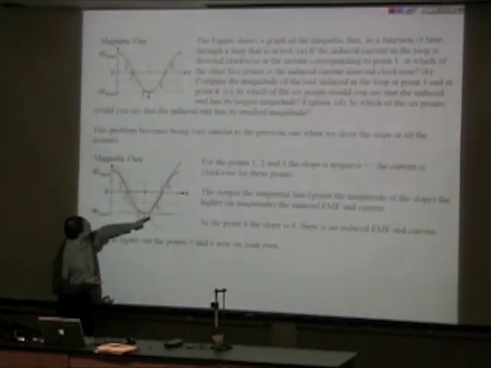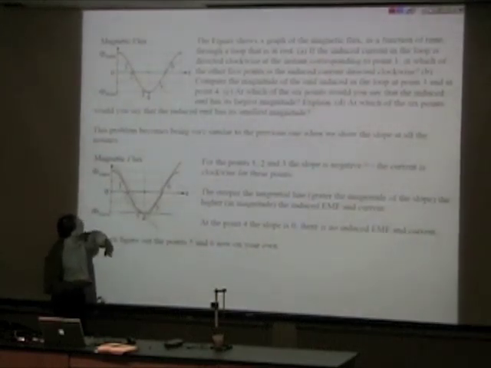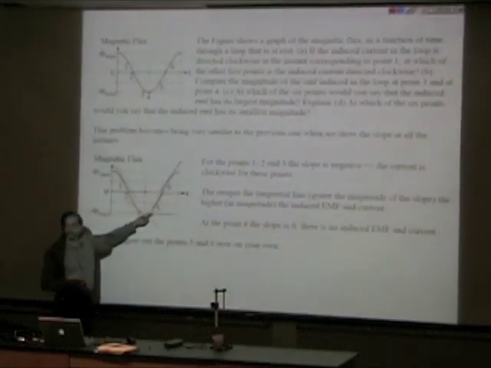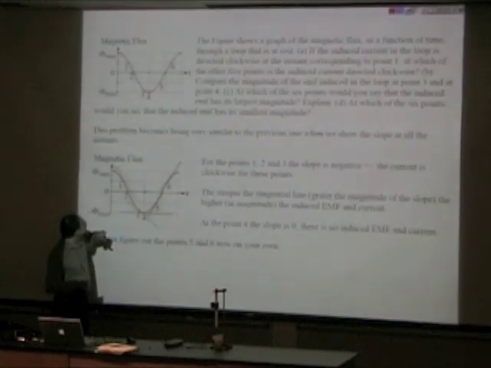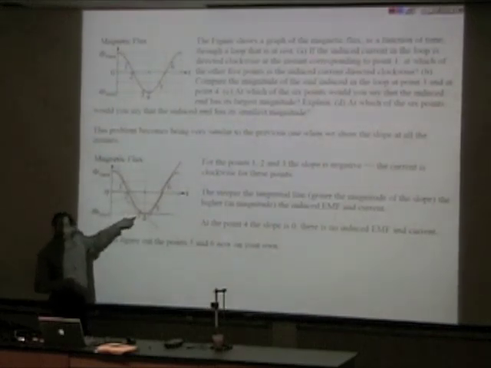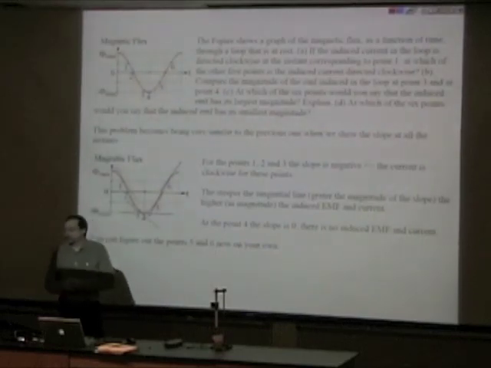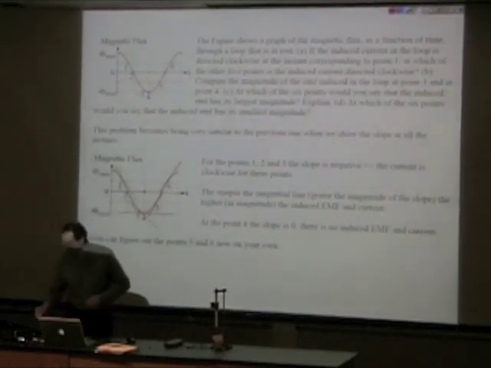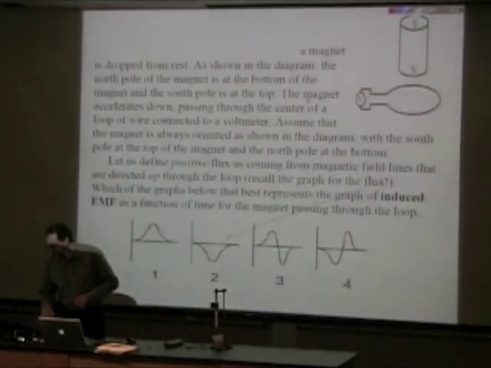The slope of this tangential line, at point 4, for example, the slope is 0. That means there's no induced current. If you want to compare the induced current at point 2 and at point 3, which would be higher? This one gives larger slope, higher current. Any questions? This is how Faraday's law works.